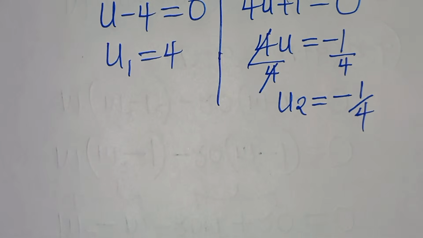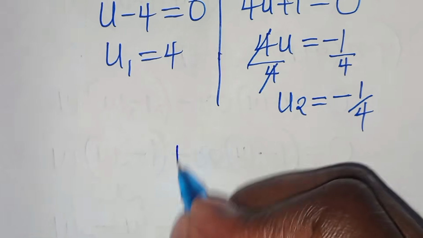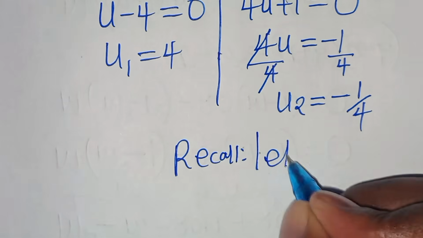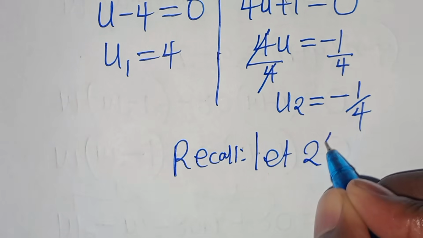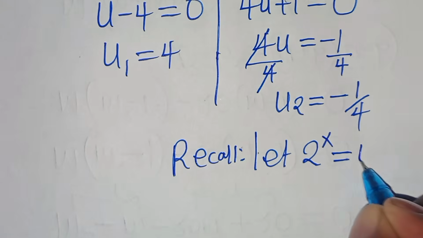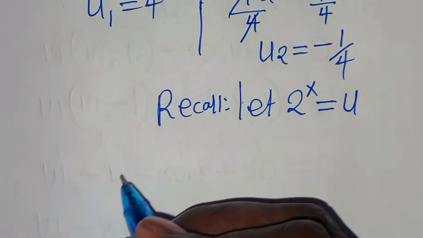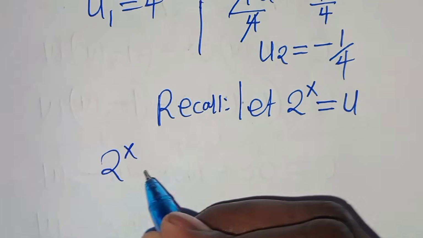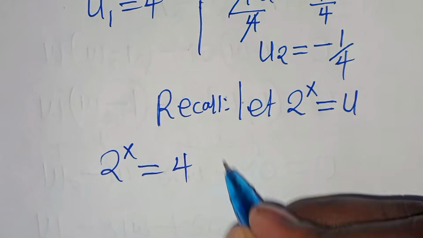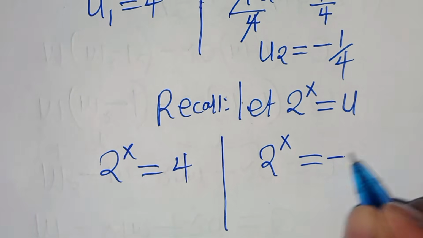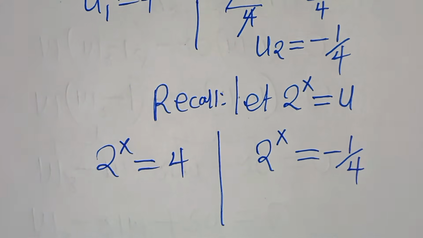Okay. Now, if you recall, we said that let 2 to the power of x be equal to u. So this means that we have 2 to the power of x equal to 4, and we have 2 to the power of x equal to minus 1 over 4.